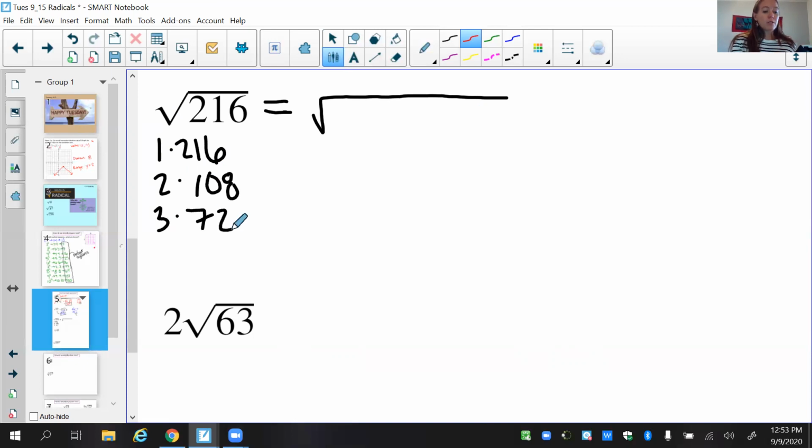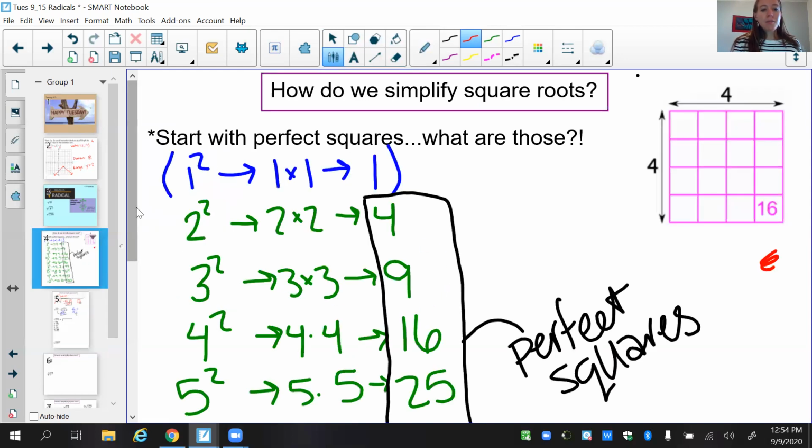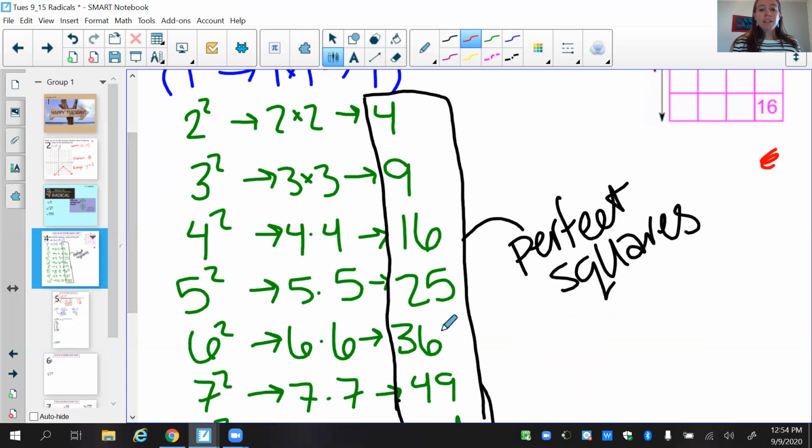What about 4? 216 divided by 4, 4 times 54. 5 doesn't work. Does 6 work? 216 divided by 6, 6 times 36. Interesting. I'm going to stop there because I just wrote a 36. If we look back here, 36 is on my list, isn't it?